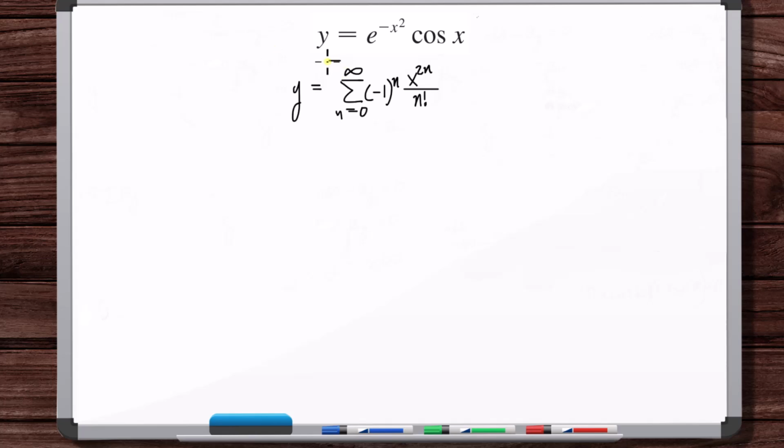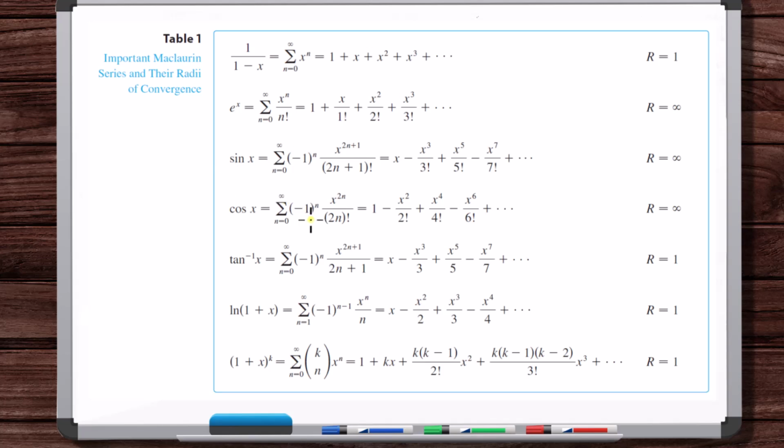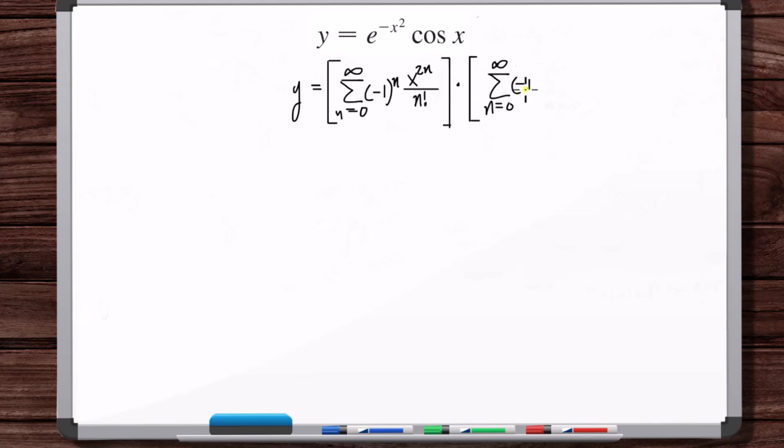There's e to the minus x squared, and then cosine x is minus 1 to the n times x to the 2n over 2n factorial. So these two are equal. Y is equal to this, and we haven't changed the equality.